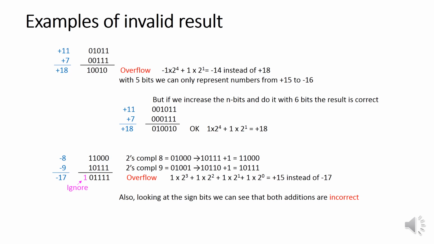Again, looking at the most significant bit, we can quickly realize that the result of this addition is incorrect, because the sign bit of both addends is 1. That means we are adding two negative numbers. Therefore, the result has to be negative, so the sign bit of the sum should be also 1, but it is 0, which is not.